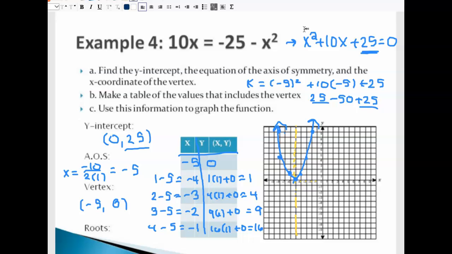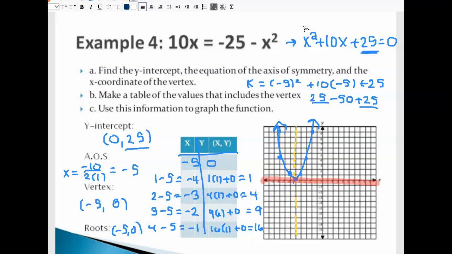The roots are where it hits the x-axis. So the roots are where it hits this line right here. So in this case, my root is actually my vertex, which is negative 5, 0.